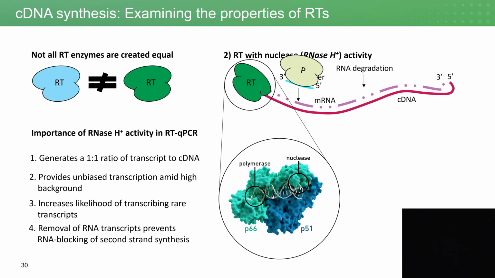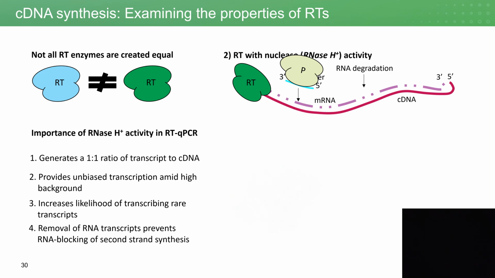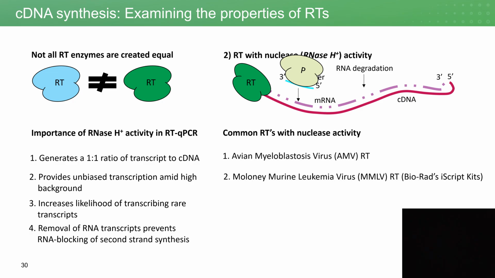And number four, the degradation of transcripts will not block polymerase from binding to the potential primed sites on the cDNA as it generates in a one-step reaction. Some common examples of RTs with RNase H+ activity include the avian myeloblastosis virus RT, the Maloney-Murine leukemia virus RT, which is the RT in Bio-Rad's iScript kits, and the human immunodeficiency virus RT.